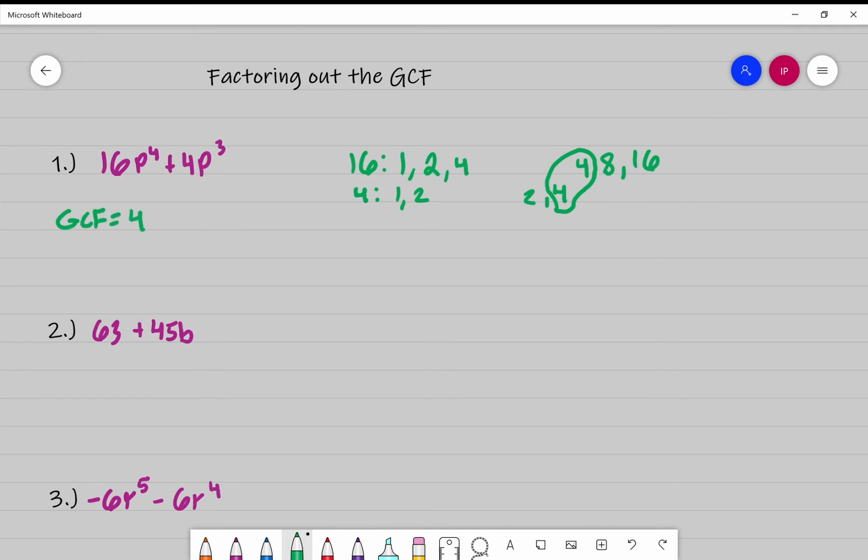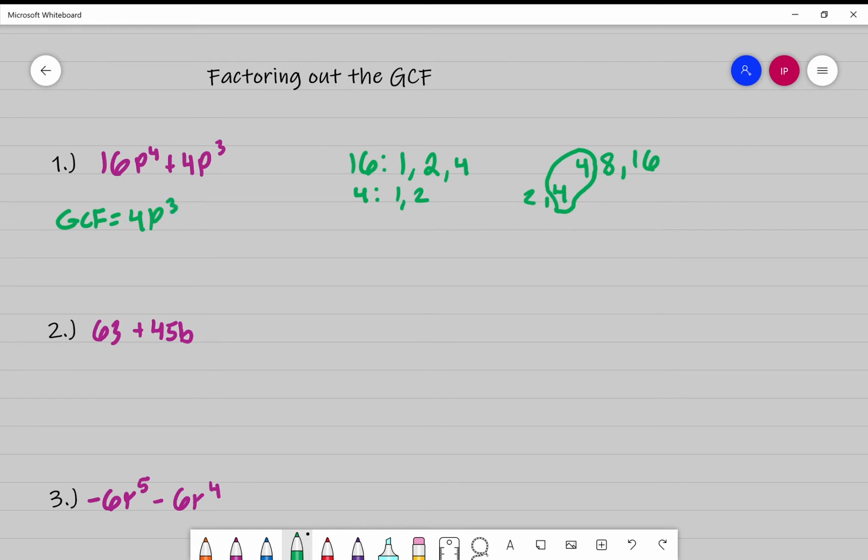But just like the previous video, we have to find the GCF between the variables. To do that, we always pick the variable with the smallest exponent. And in this example, we have the exponents 4 and 3. 3 is the smallest, so that's going to be a part of our answer. So we have 4p to the third.